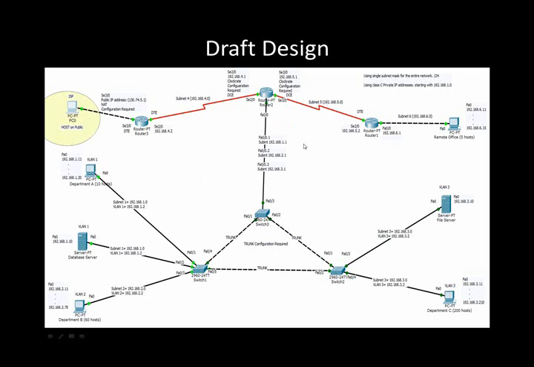As you see here, we need a minimum of 6 subnets. VLAN 1 is on subnet 1, VLAN 2 is on subnet 2, VLAN 3 is on subnet 3, and then subnets 4, 5, and 6.